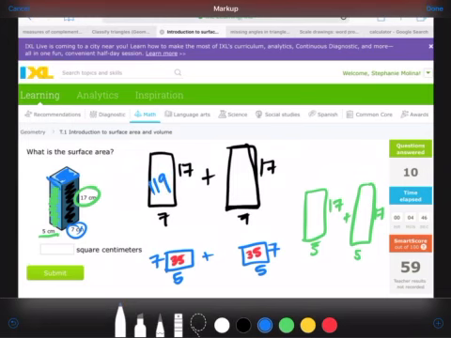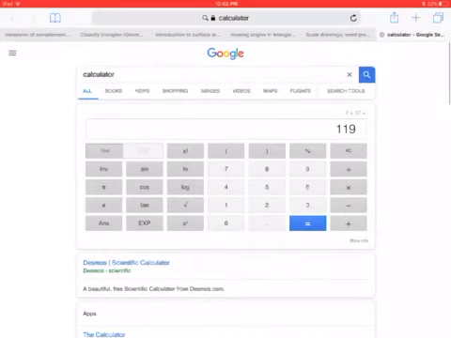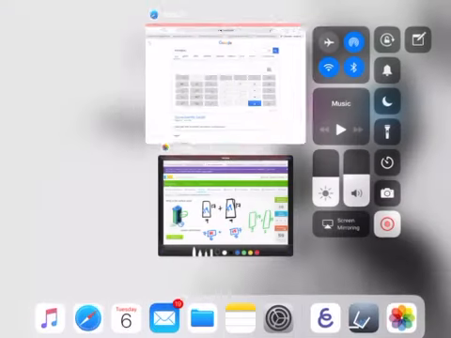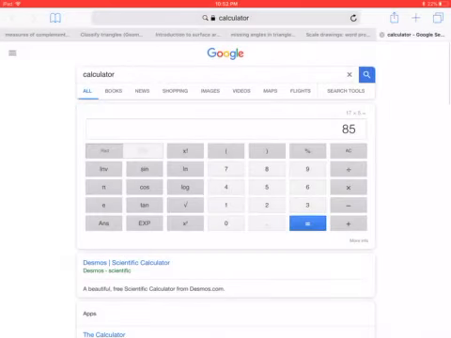So it's 119 plus 119 plus 35 plus 35 plus 7 times 5, 17 times 5, 17 times 5. 85 and 85. So 85 plus 85 plus 119 plus 119 plus 35 plus 35 is my answer.